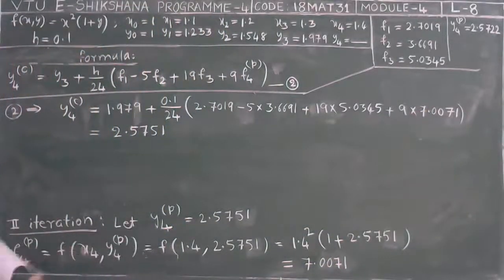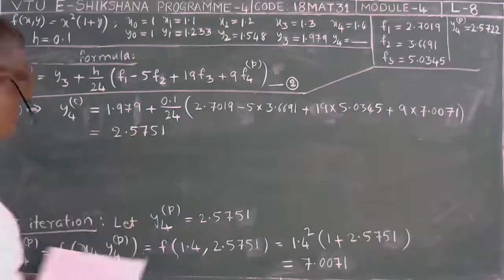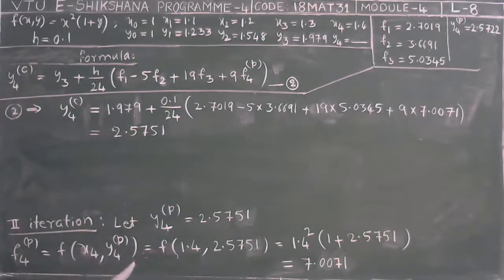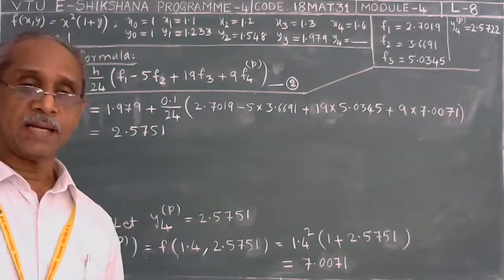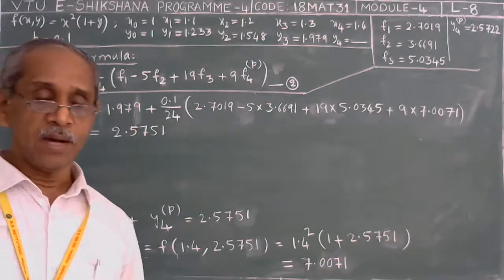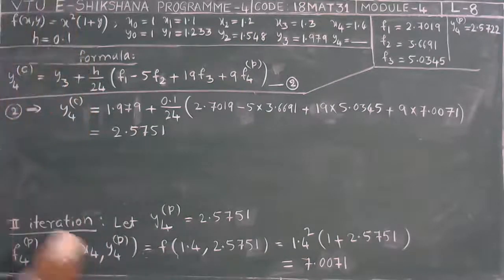If you compute this, y4c will be 2.575. That means the first iterated value and the second iterated value are the same up to 4 decimal places.